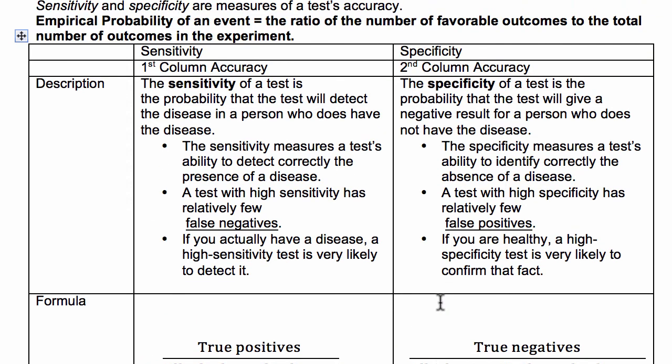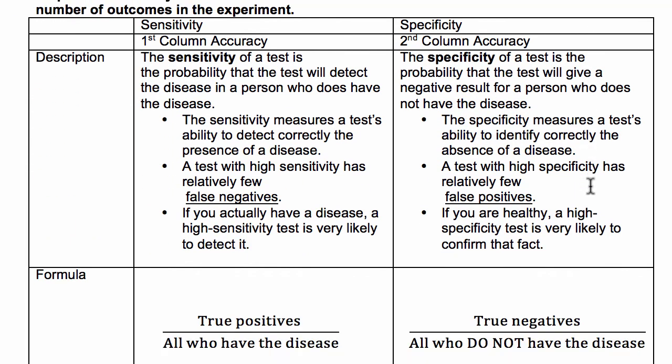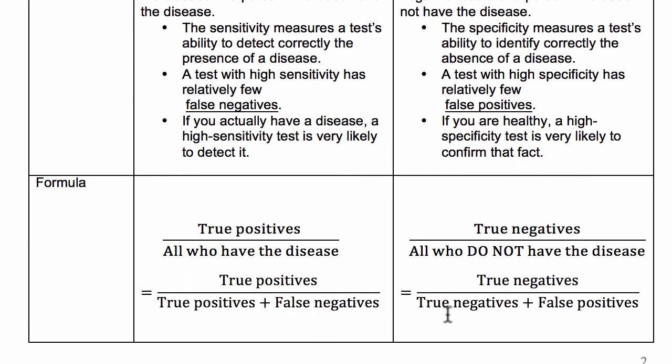Since the people in the study who do not have the disease are made up of false positives and true negatives, if you prefer, you may write the denominator as true negatives plus false positives. With that said, I prefer the first version of both of these formulas and will likely refer to these versions when calculating sensitivity and specificity throughout this section.